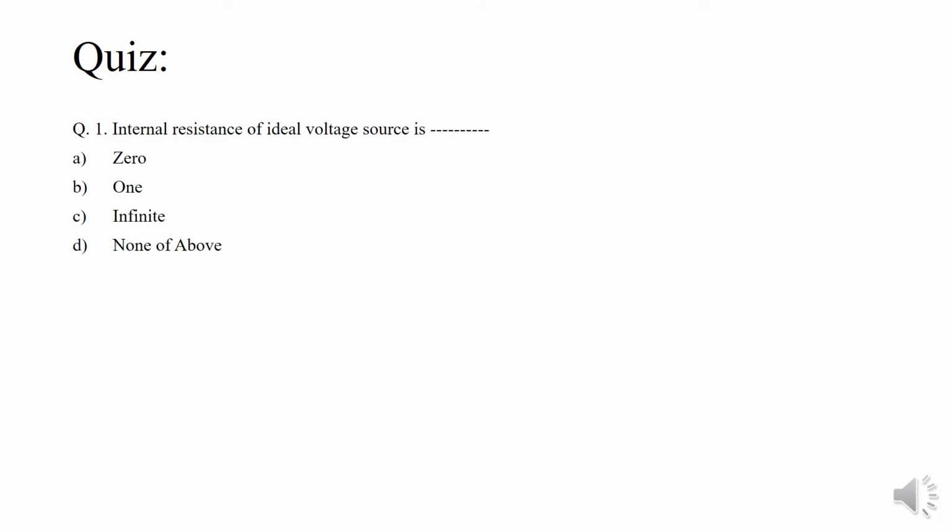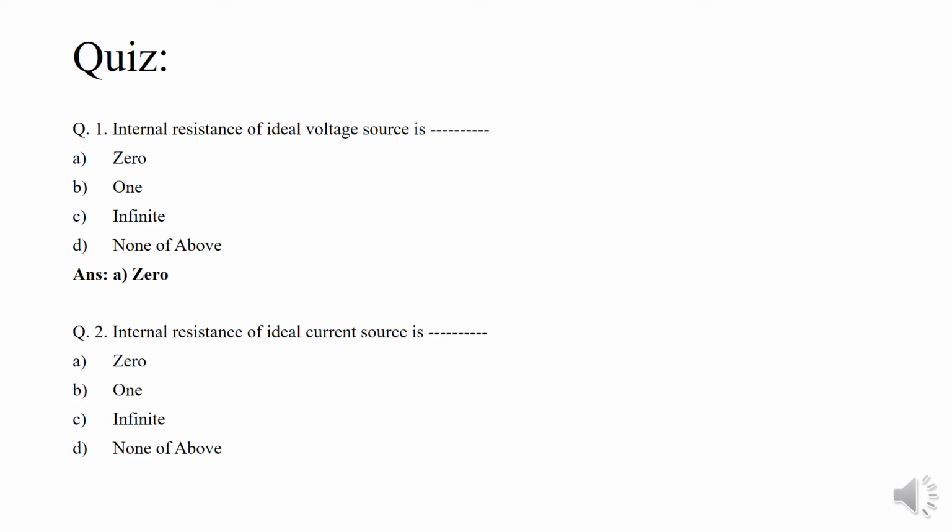Now we will brush up on whatever we have studied till now. I wanted to ask one question: the internal resistance of an ideal voltage source is, yes, it is 0. Second, the internal resistance of an ideal current source, correct, it is infinite.